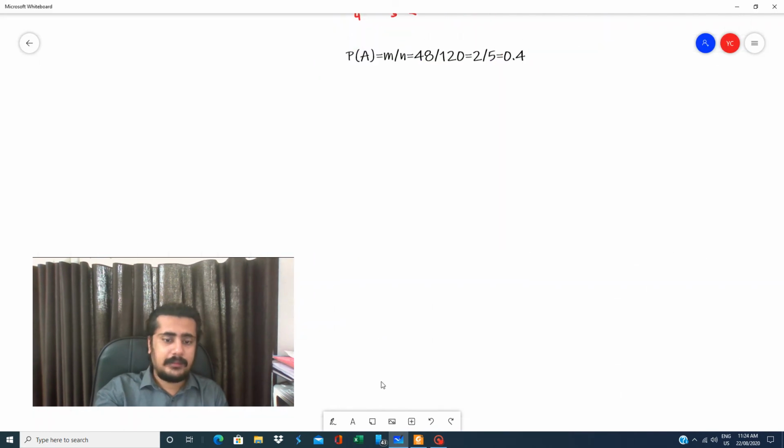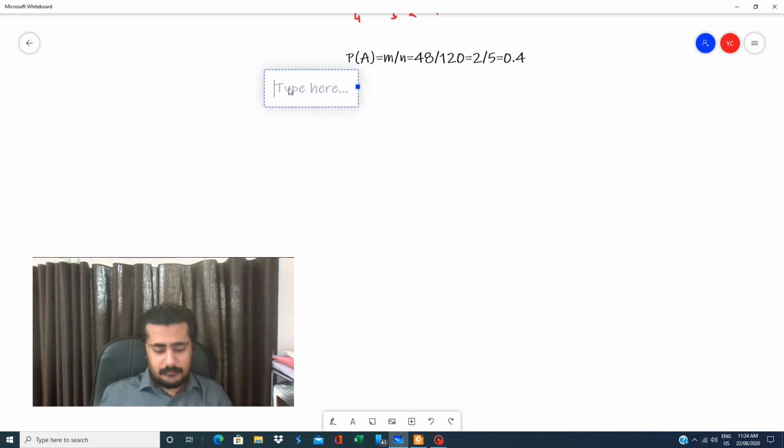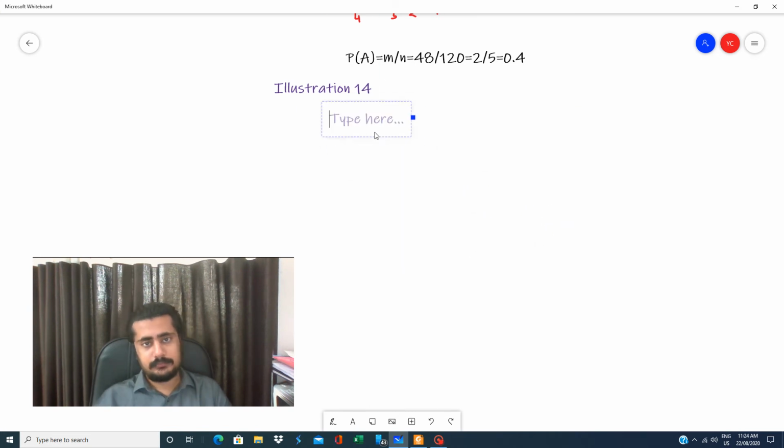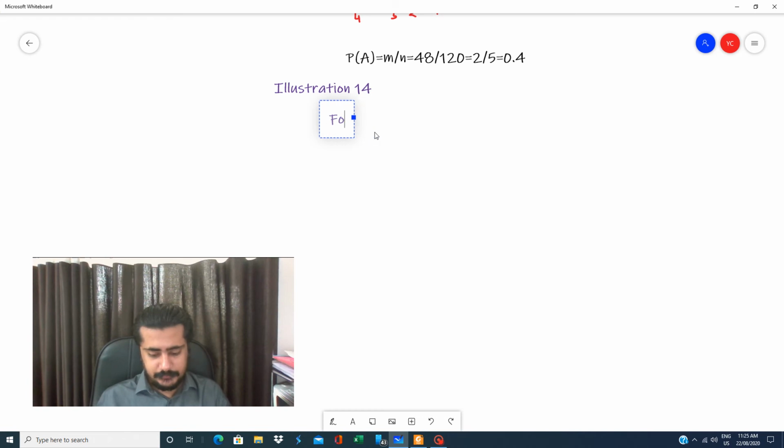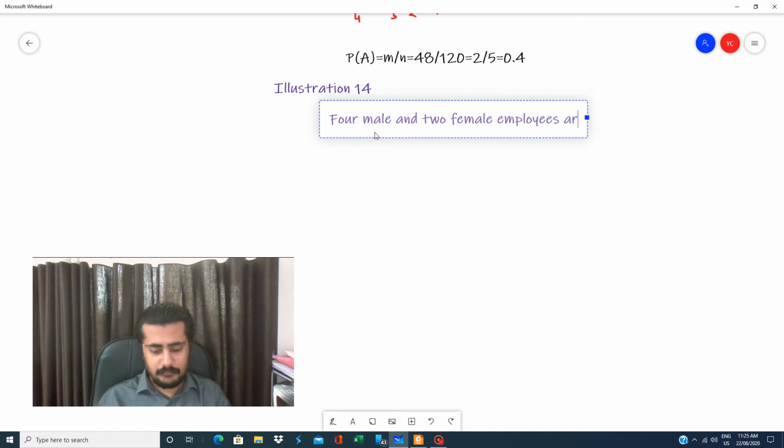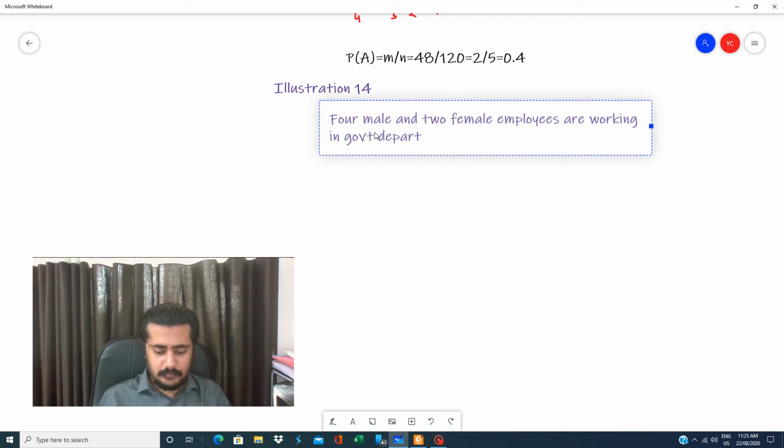Let's write it. Illustration 14. Four male and two female employees are working in a government department.